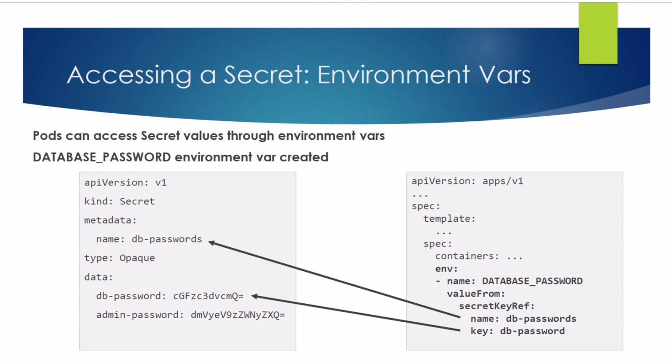To do that, we are going to get the value from a secret key ref, so not a config ref but a secret key ref, and the name of that is DB passwords. So you can see that points over to the name of the secret on the left. Now the key we would like to get is DB password from the actual data, and what that will do is decode that data and assign it to the database password environment variable.